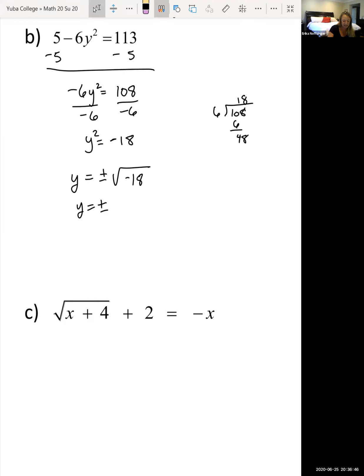So this is -1 times 9 times 2. So we could pull out our pieces. So y is equal to plus or minus, well, square root of 9 is 3. Square root of -1 is i, root 2.